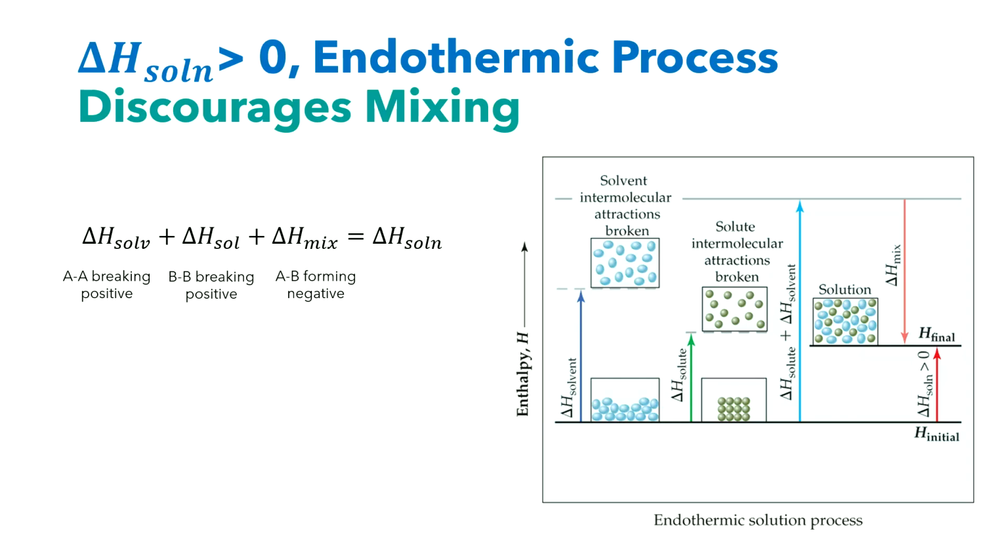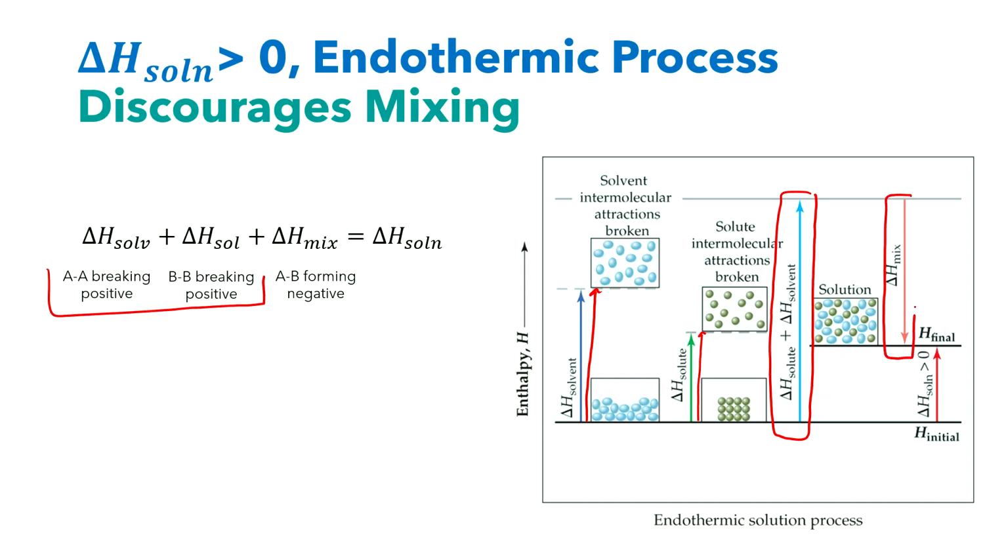We are considering the same variables, but now when we look at the cost, there's a really big cost to splitting up our solvent, and still a decent cost for splitting up our solute. Here's our overall cost, the addition of those two positive things. Now when I mix these two together, it's still negative.